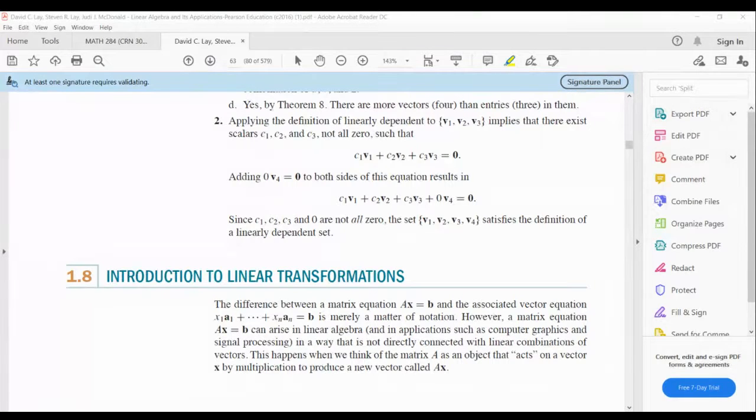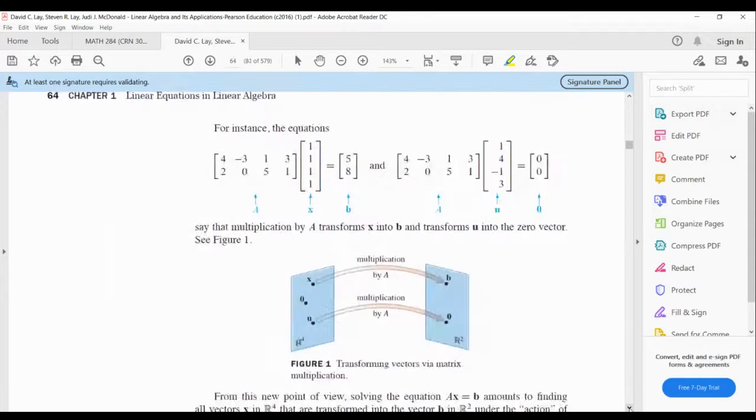So section 1.8 basically talks about transformations in that kind of language. You can think of an example where you take a vector x and pre-multiply it by matrix A, and that equals the vector 5, 8.